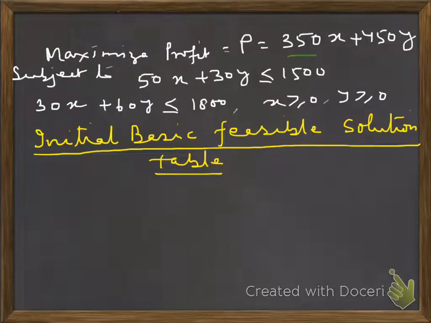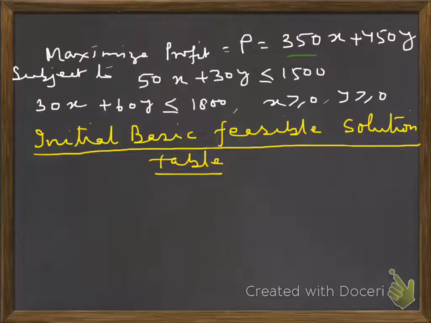We aim to prepare the initial basic feasible solution table in this video. For the linear program where the objective function is to maximize 350x plus 450y, subject to the constraints 50x plus 30y less than equal to 1500 and 30x plus 60y less than equal to 1800, x and y both greater than equal to 0.